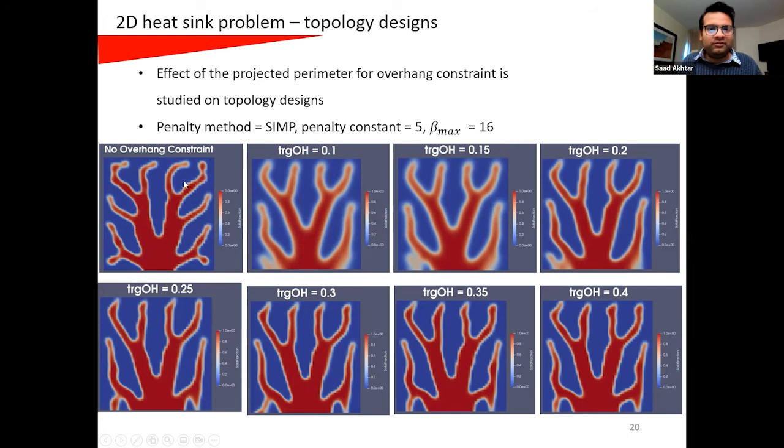If you compare these with the no overhang constraint approach, as you go higher in your projected perimeter constraint, your solution approaches the no overhang constraint. But you can see this approach clearly works as well. There are a few overhang features that were eliminated by incorporating this. And beta max is basically a parameter in the heaviside projection. It ensures how sharp your transition between 0 and 1 would be.